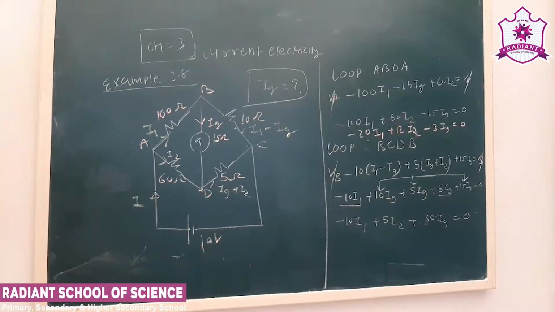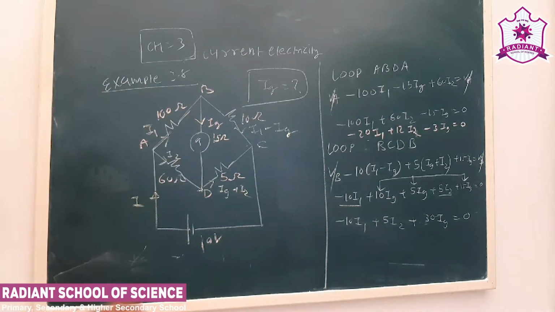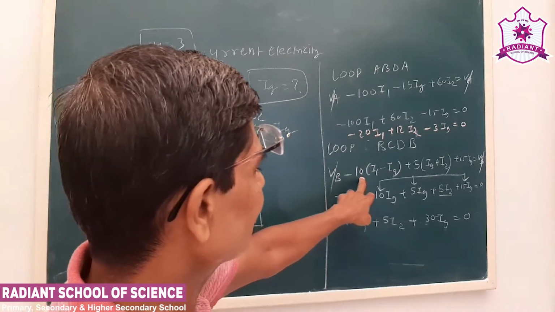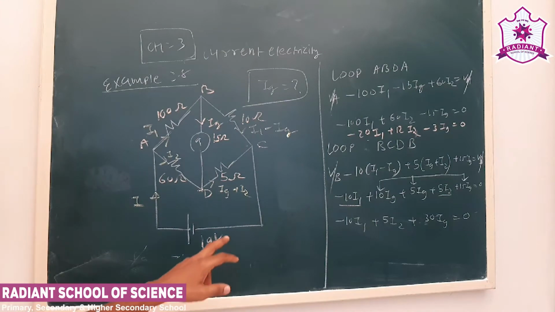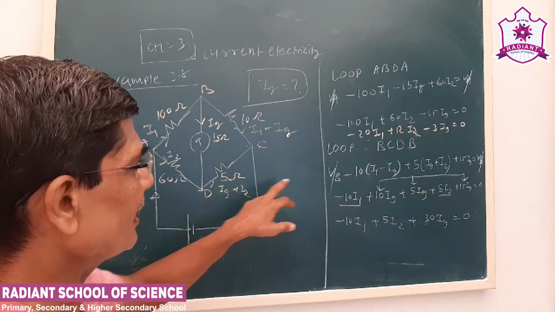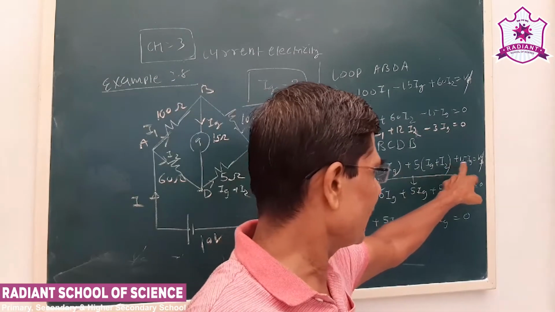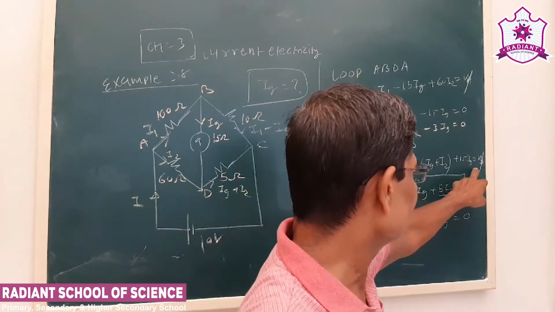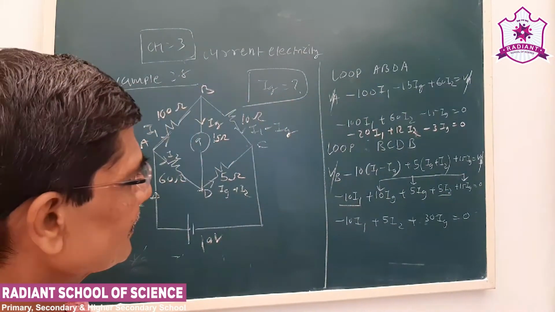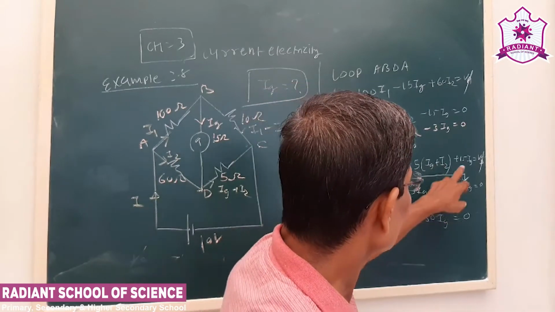Now take loop BCDB. So VB minus 10 times I1 minus Ig. In CD we are moving in the opposite direction of the current, so it will be plus 5 times Ig plus I2. In DB we are moving in the opposite direction, that is plus 15 Ig, equal to VB, since we come back to the same point. So minus 10 I1 plus 10 Ig plus 5 Ig plus 5 I2 plus 15 Ig.